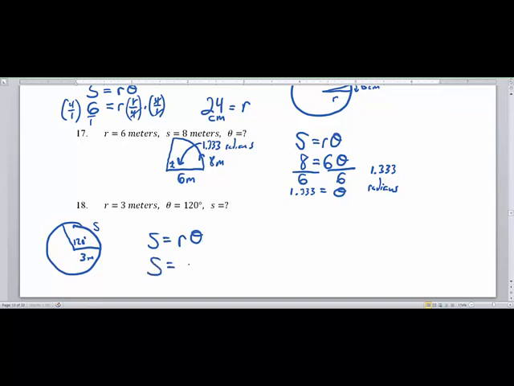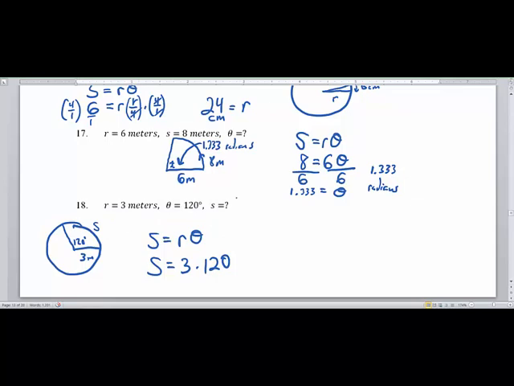So if you do this problem and go 3 times 120 and try entering that as your answer, you'll be wrong. Because the 120 degrees is in degrees. It's not in radians. And in every other problem that we've had so far here, the theta has been in radians.